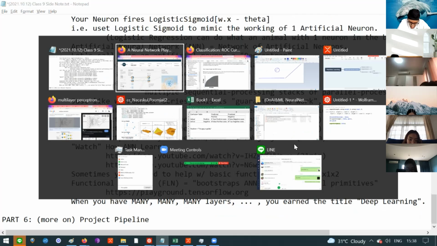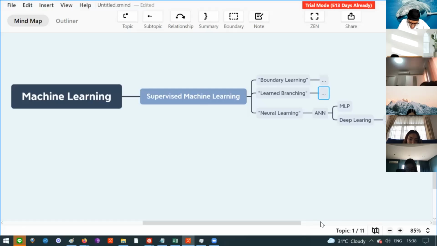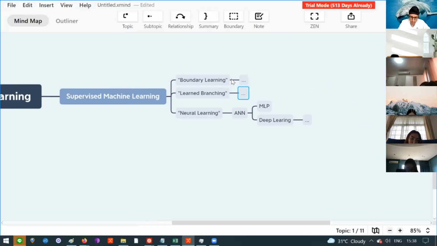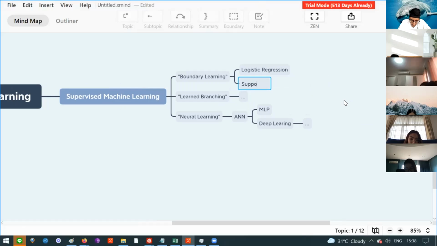So if I have this, you should have this kind of schematic in your head. I can give this to you. So something like that. Logistic regression, or linear kernel.